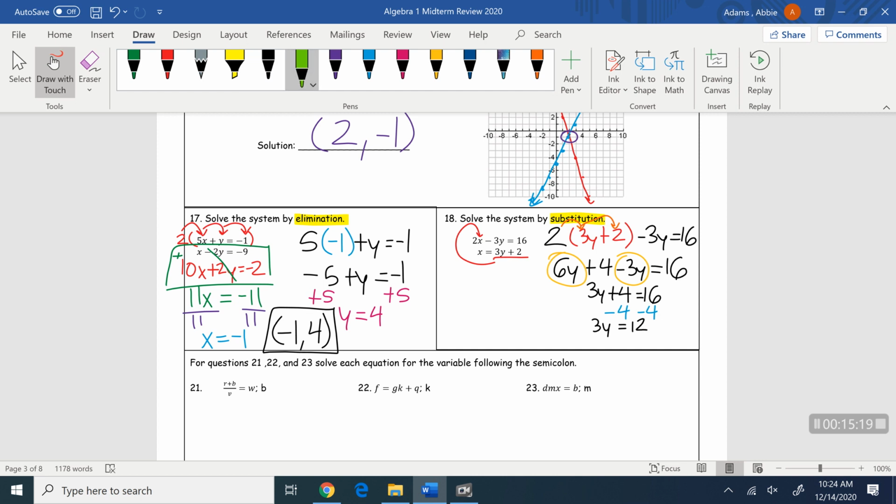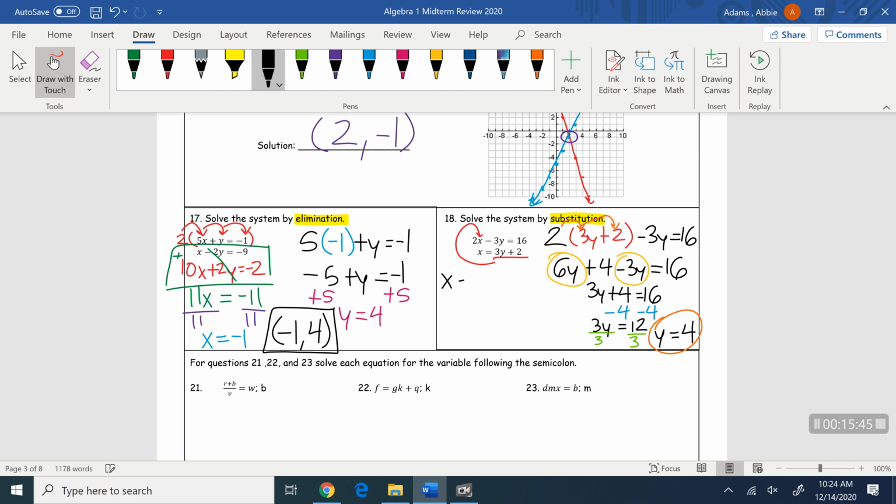And because this is an equation, I'm going to use the division property of equality, divide both sides by 3 to isolate my y, and to get that y equals 4. I can now use this y equals 4 in any equation. I'm going to choose the second equation since it's already solved for x, and to solve now for the variable x. So I'm going to substitute that y value into the second equation.